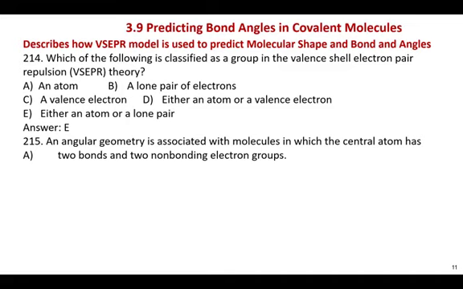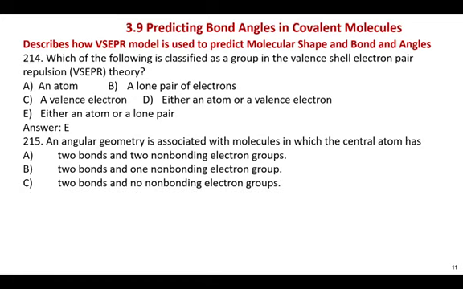That's the correct answer. Two bonds and one non-bonding, is that correct? Two bonds and no non-bonding electrons?